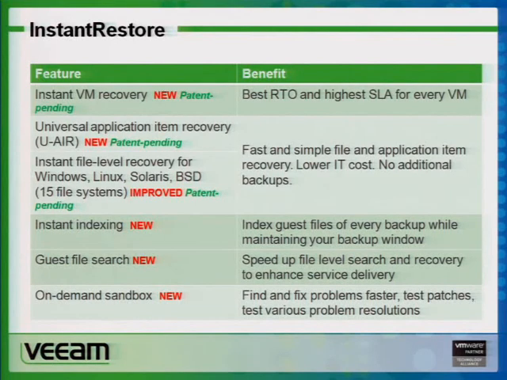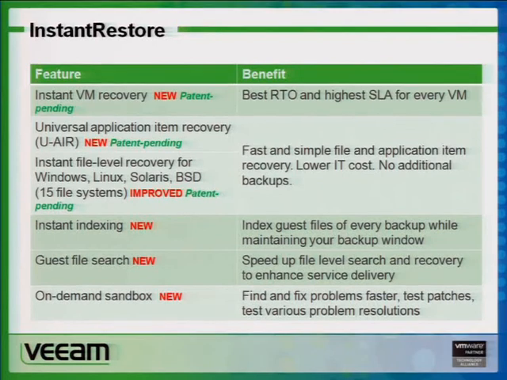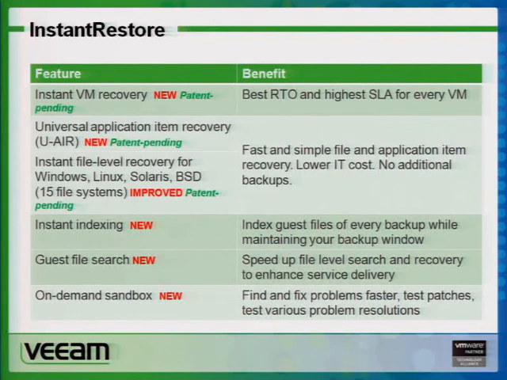A couple of new things that I haven't even talked about yet is instant indexing. What does that mean? For Windows servers, for Windows file systems, we're now going to be able to capture a snapshot of that directory information and create a catalog of what's stored in that image of the files.